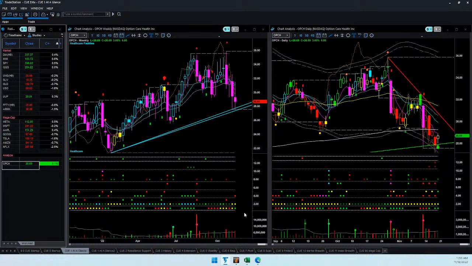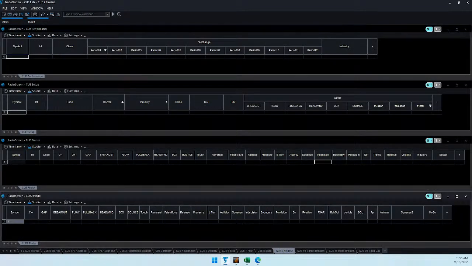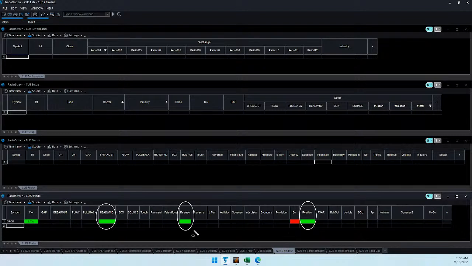We could look at it using Q Elite's finder as well. It's giving a headwind long setup. Relative strength is bullish, that is outperforming the market, has a bull release signal also.